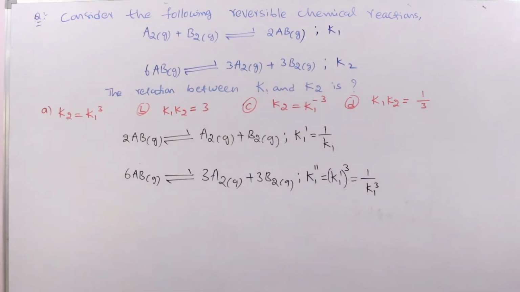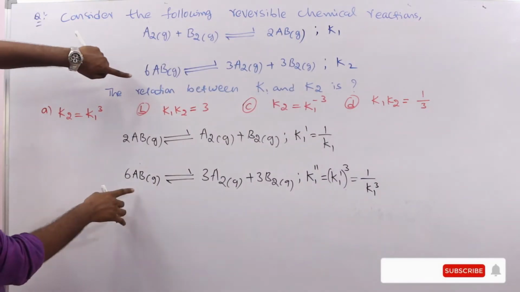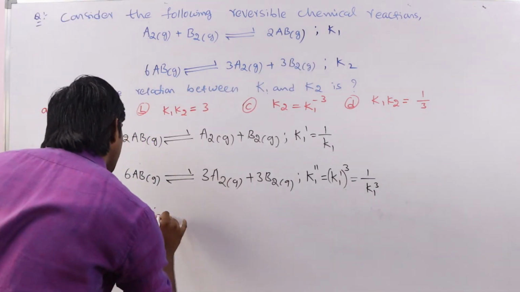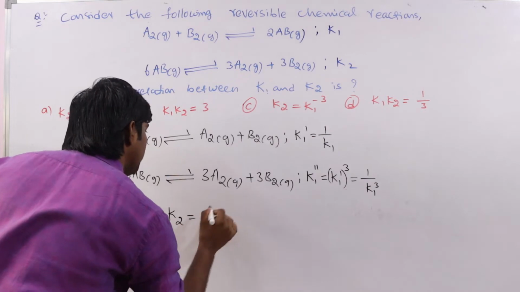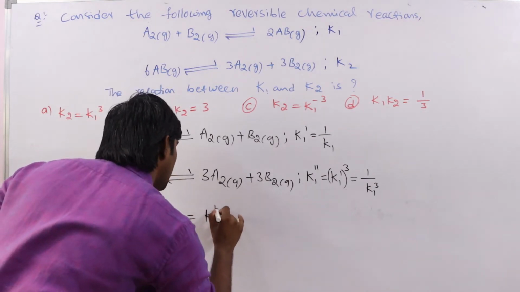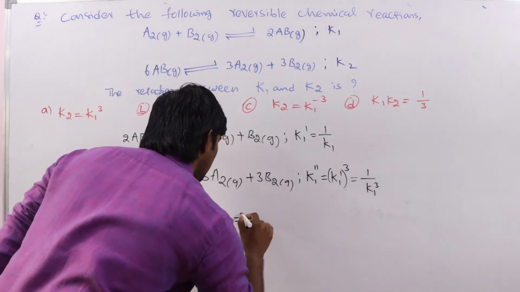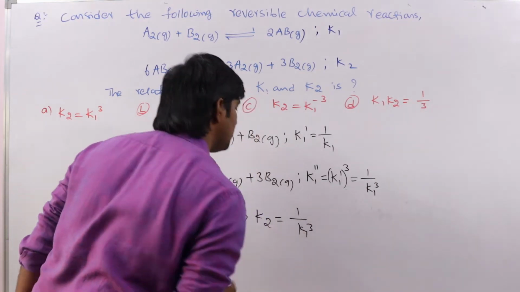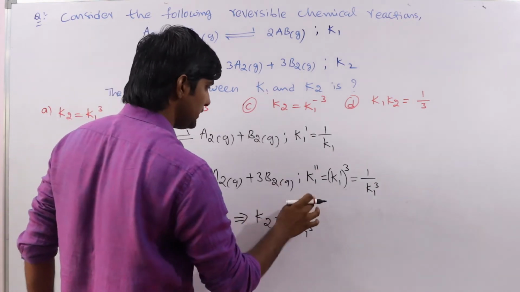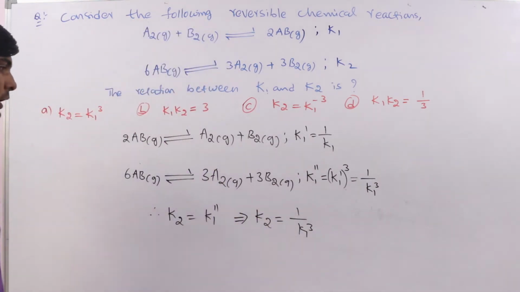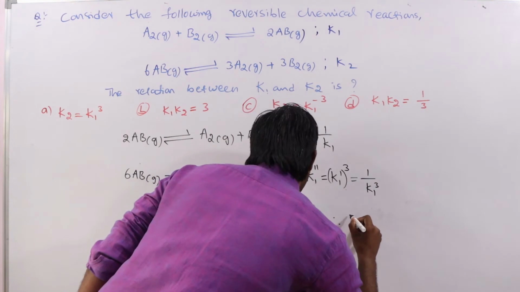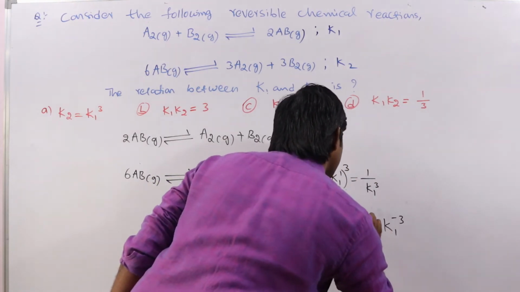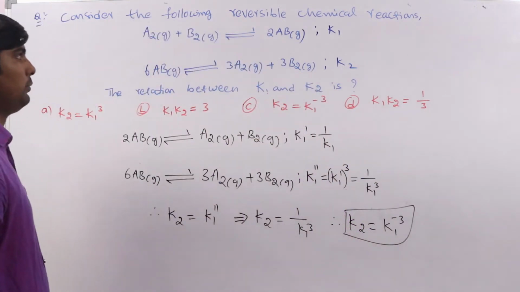Now these two equations are the same. For this reaction the equilibrium constant is given as K2, and for the other we have K1 double dash, which is 1 by K1 power 3. Therefore, K2 is equal to K1 power minus 3.